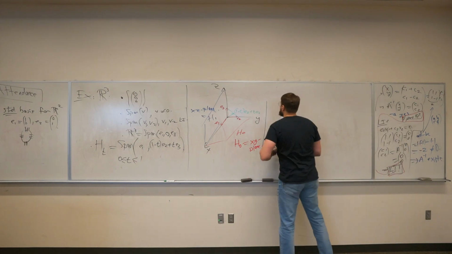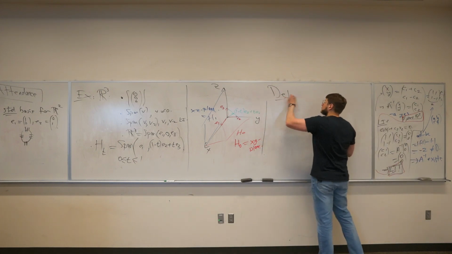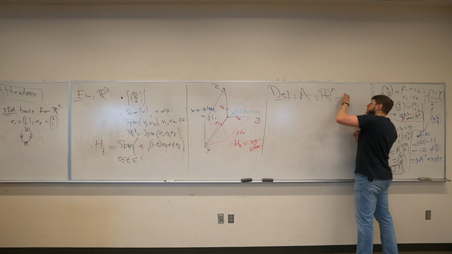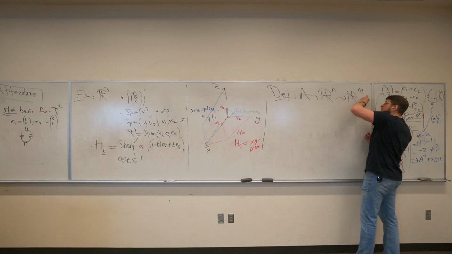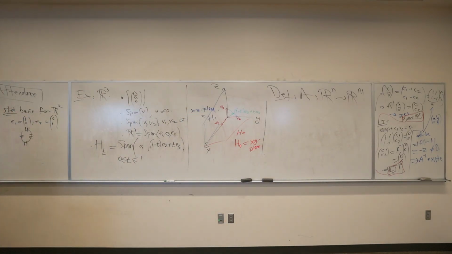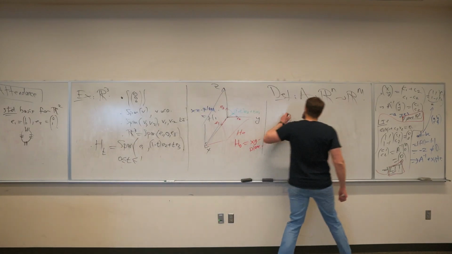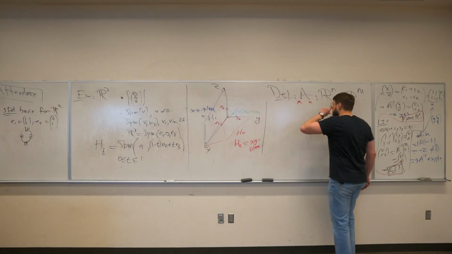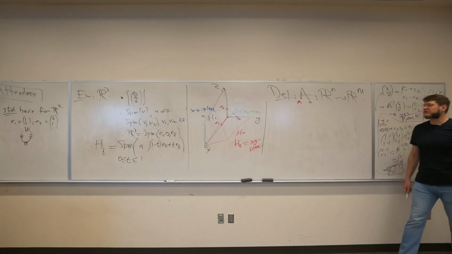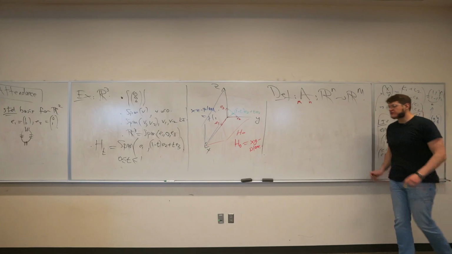So definition, say A is from Rn to Rm, so it's an m by n. Null space is perhaps slightly harder to describe, but the column space of A is rather fast to describe.